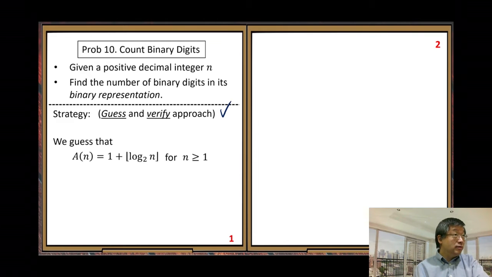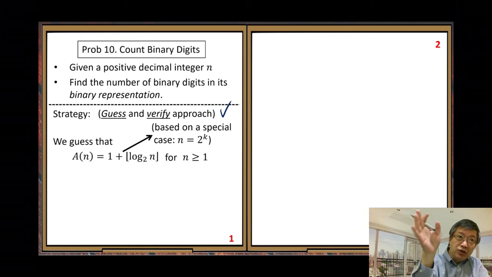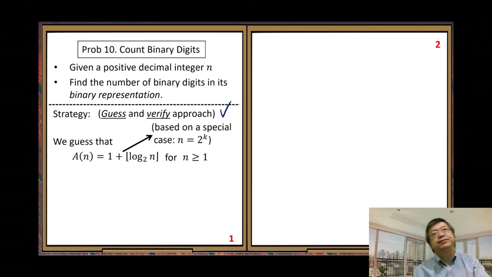Because we looked at a special case where n equals a power of 2. In that form, it is pretty easy to find the solution, and for that special case solution, we felt that for the general case, it should be pretty close to that. Okay, then we make this guess.